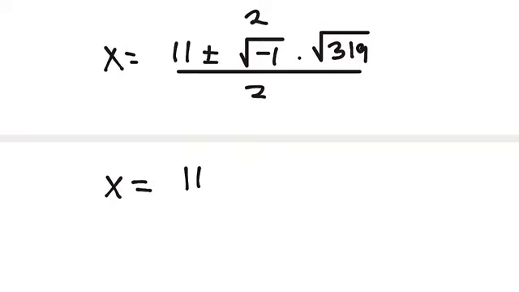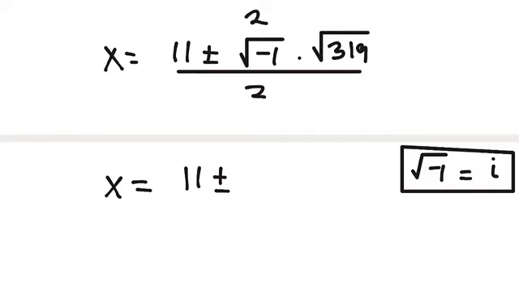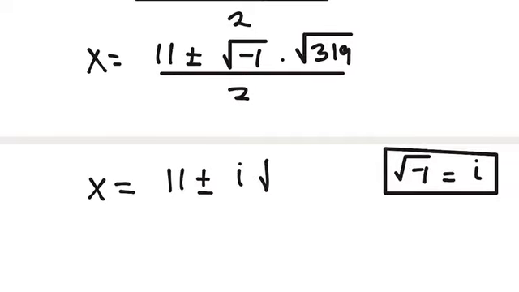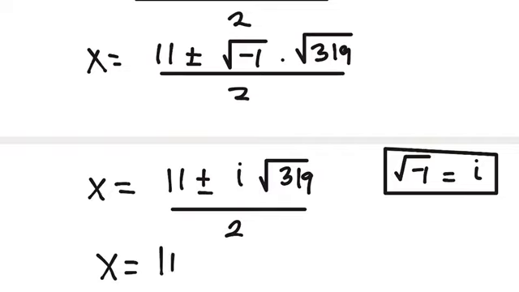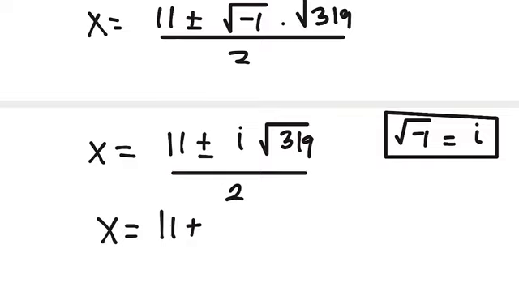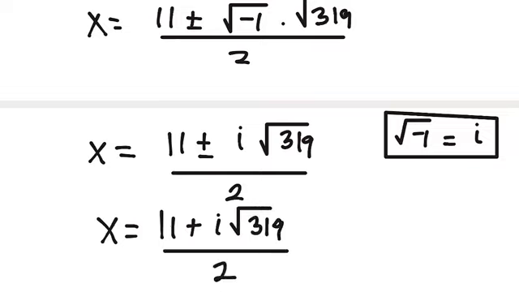X equals 11 plus or minus, then the square root of minus 1 is the same thing as what? i. So keep it. All right, so we're going to have i, the square root of 319, and divided by what? Divided by 2. So we have x equals 11 plus or minus i root 319 divided by 2.